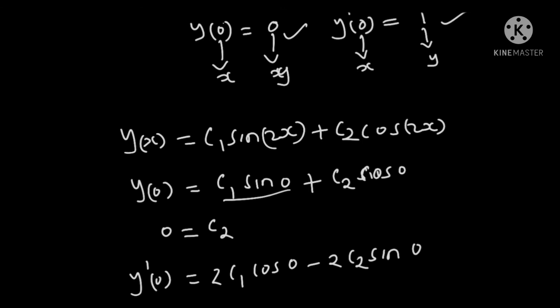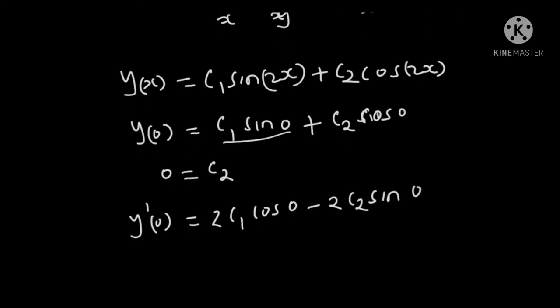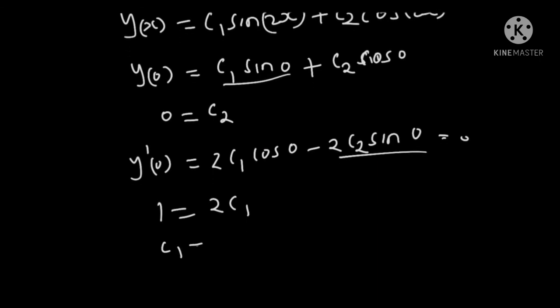Now, we know that cosine of 0 is 1. So in this equation, we have 1 equals 2c1, and sine of 0 is 0, so all this will reduce to 0. Therefore, our c1 will be equal to a half.